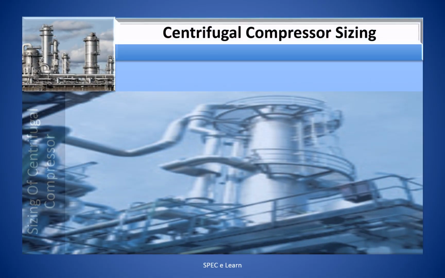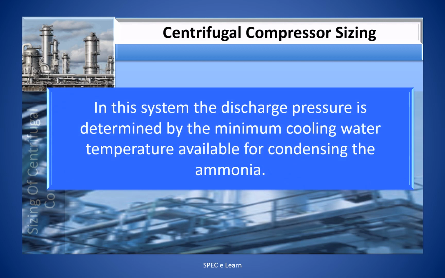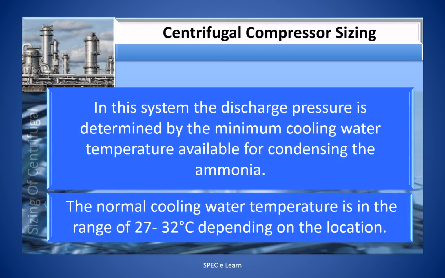In the system example shown above, the discharge pressure is determined by the minimum cooling water temperature available for condensing the ammonia refrigerant. The normal cooling water temperature is in the range of 27 to 32 degrees centigrade depending on the plant location.